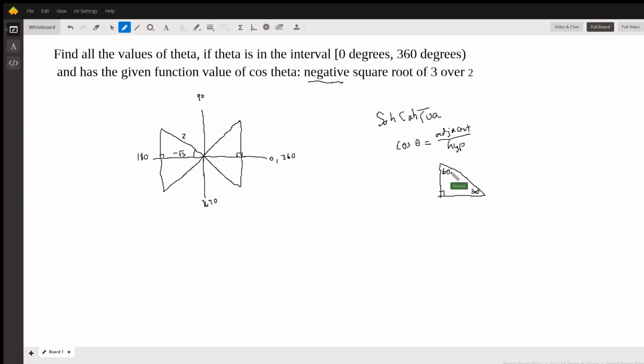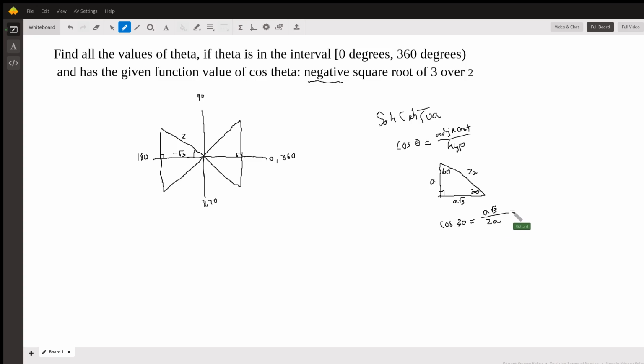Let's just look at the 30, 60, 90. From this 30, 60, 90 right triangle, we can see that the cosine of 30 is going to be adjacent, which is a root 3, over the hypotenuse, which is 2a.